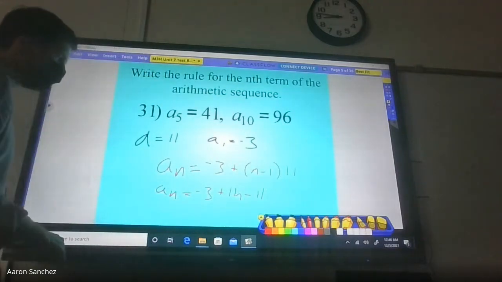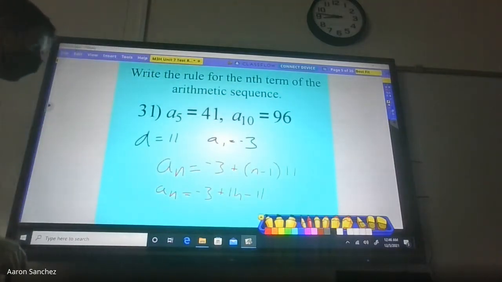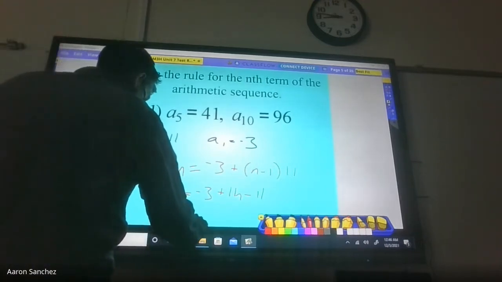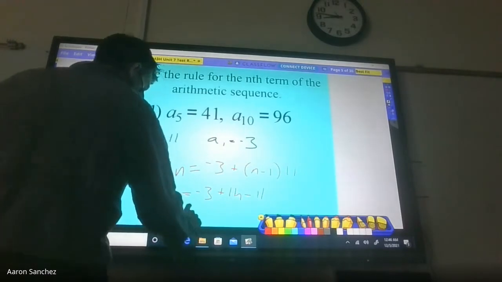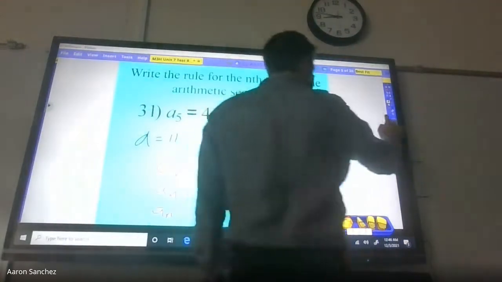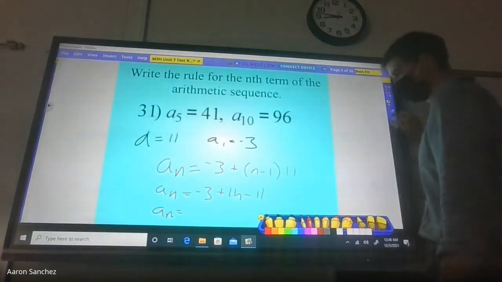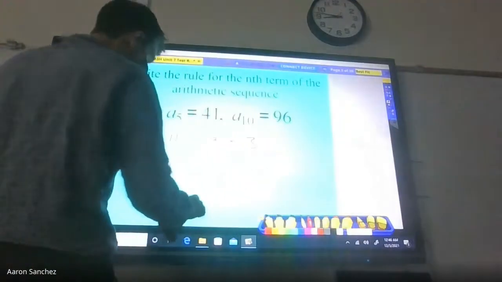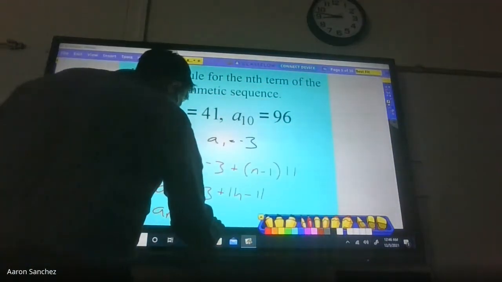Negative 3 minus 11 is negative 14. You get that? So the whole answer here: a sub n equals 11n minus 14.